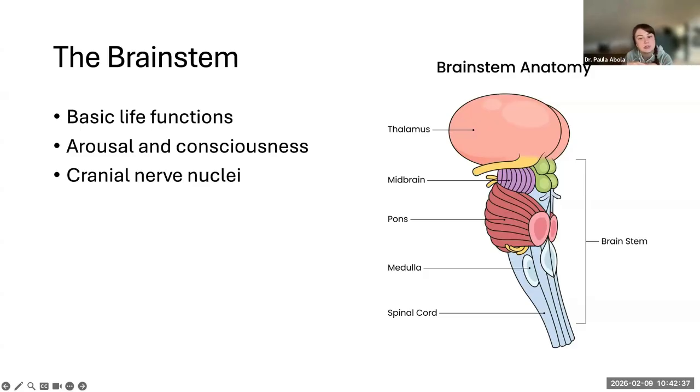In addition to its role in autonomic control, the brainstem is also involved in arousal and consciousness. Structures within the brainstem help regulate the sleep-wake cycle and determine levels of alertness and responsiveness to the environment. So damage to the system can result in reduced consciousness, coma, or disorders of consciousness such as vegetative or minimally conscious state.